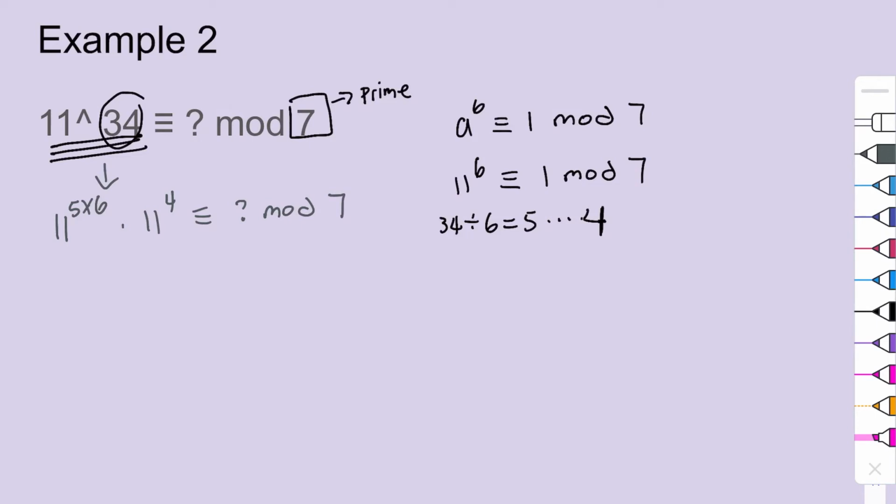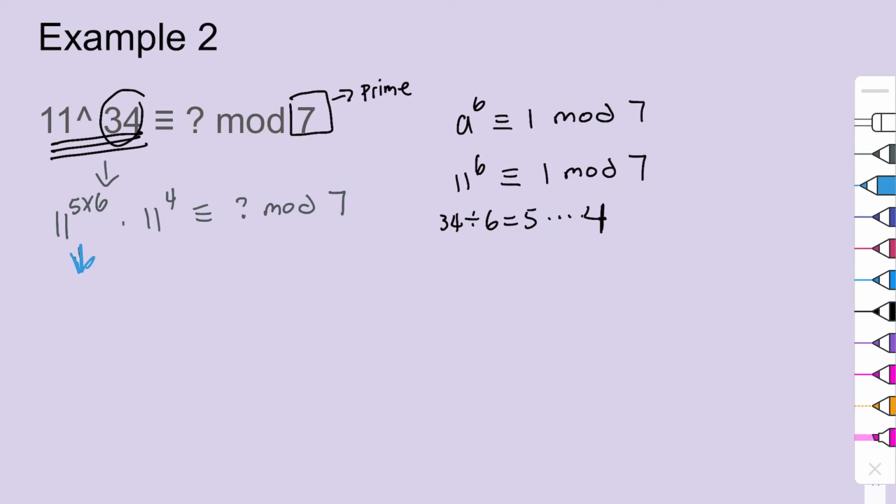Let's find the remainder of this part first. 11 to the 5 times 6, we can also rewrite as 11 to the 6th power with 5 on the outside, times 11 to the 4th.